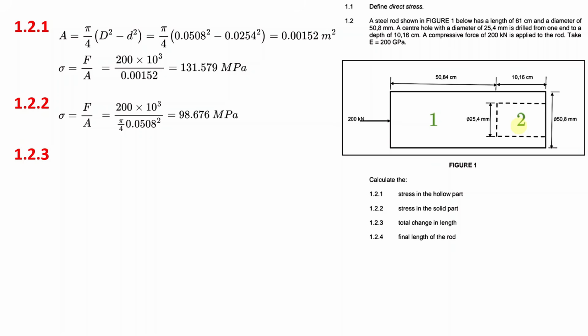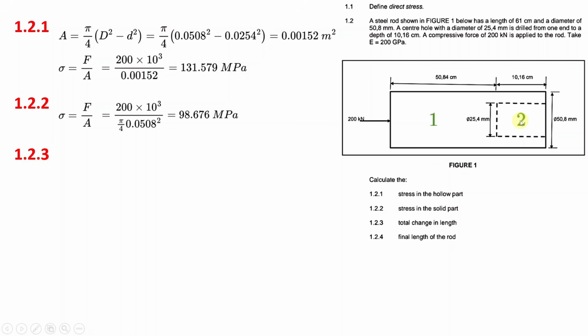And in this case, these are shortenings because this force is a compressive force. So this segment 1 here will compress by a certain amount, and segment 2 will also compress by a certain amount. Now, the total change in length of the object will be the sum of the compressing of 1 and of 2, or if you want, the sum of the shortening of 1 and of 2, okay?